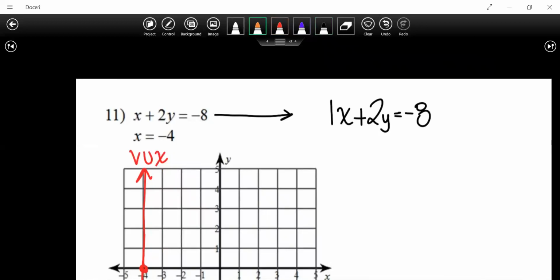Again, you do not have to, but if you choose to, it's going to help you out, until you truly understand the problems. Our slope equation will be negative a over b. Negative a is going to be negative 1. B is going to be 2.